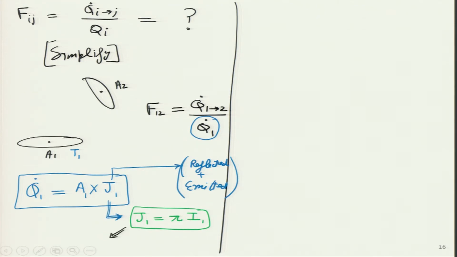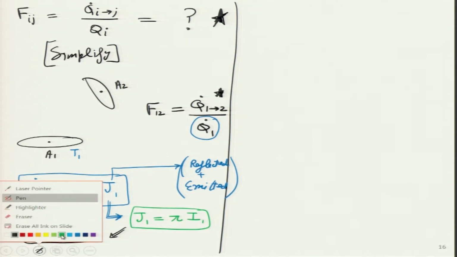If I combine them both, then I get the value of q dot 1 is simply pi I1 into A1. Why am I interested in calculating all this? Because my main focus is on figuring out the value of Fij, or F12. This is what I want to figure out.